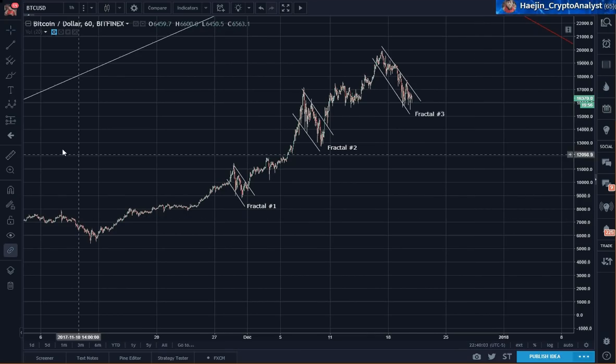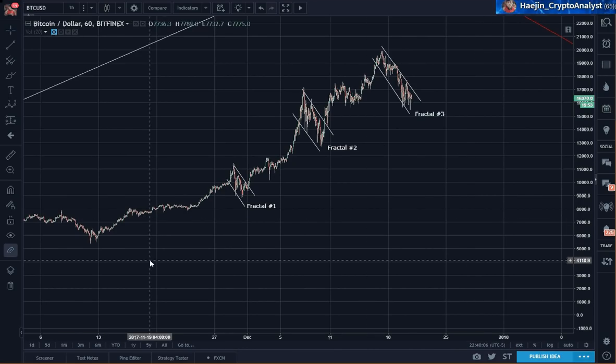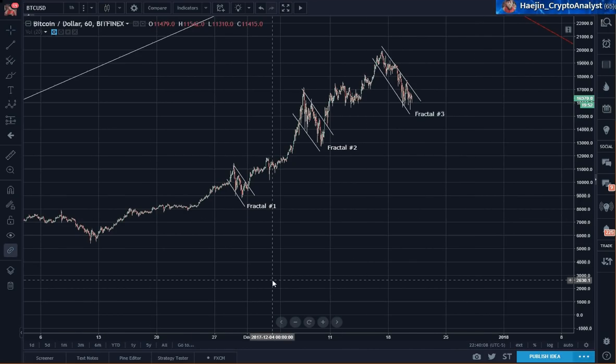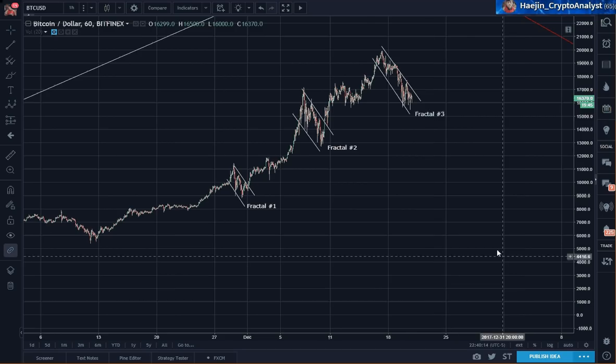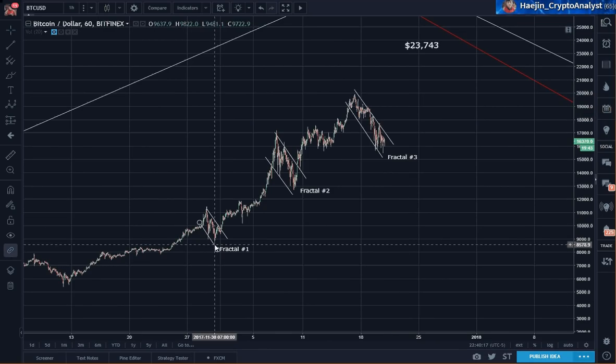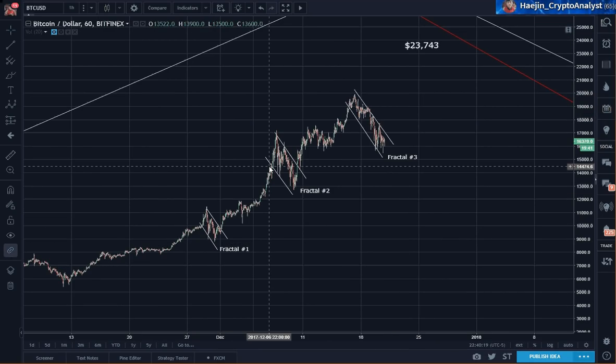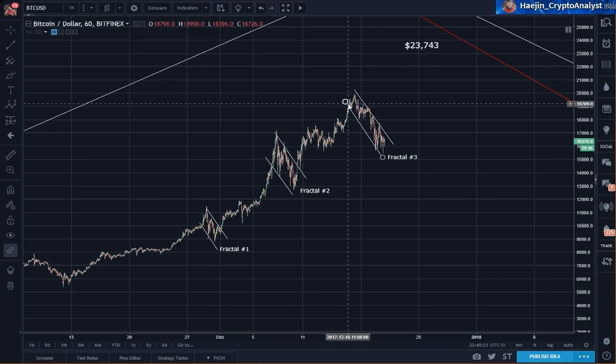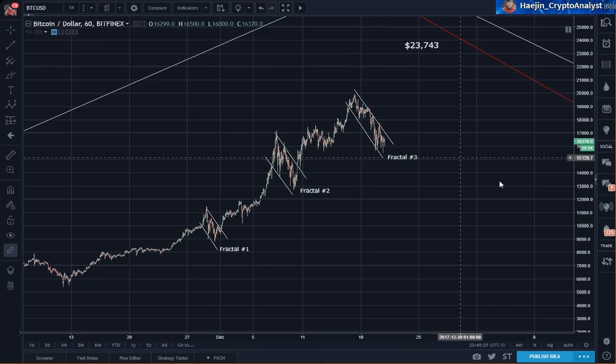So when I have an empty slate, a blank slate, the first thing I do is to identify patterns. Now, after this fractal, what happened? Price went up. After this fractal, what happened? Price went up. After this fractal, what will happen?